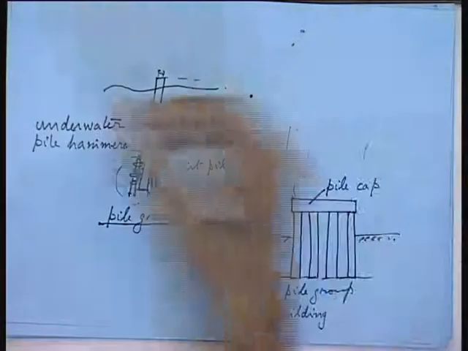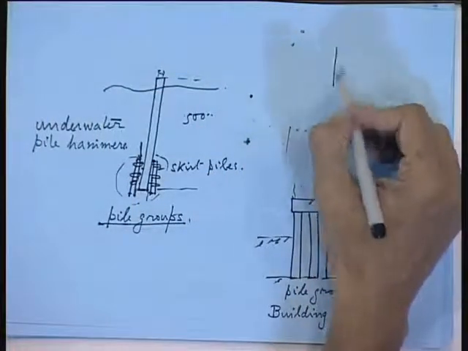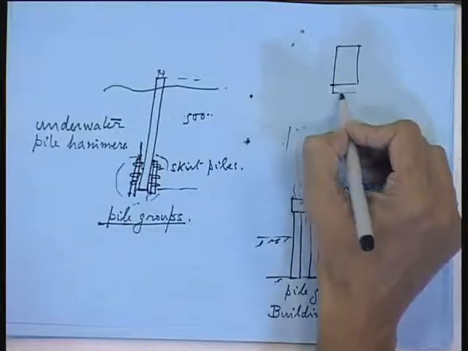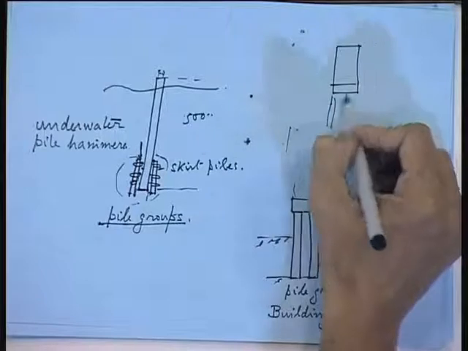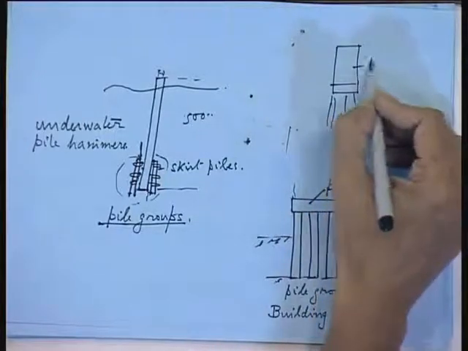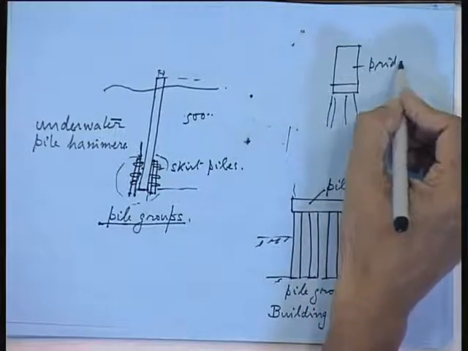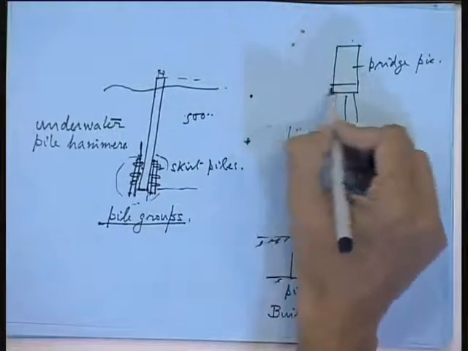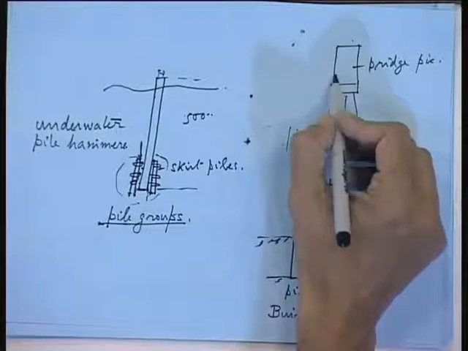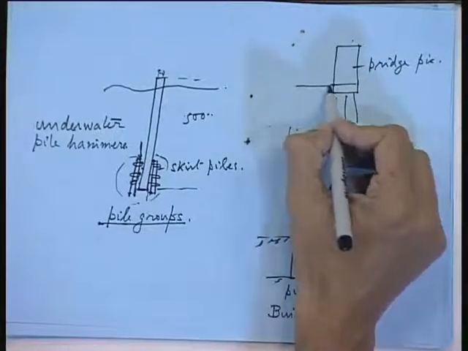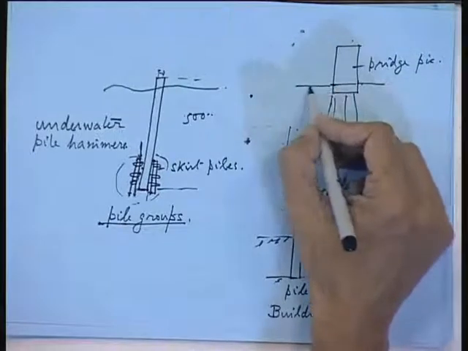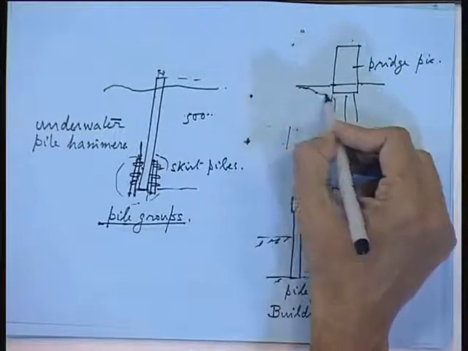Similarly, in bridges, you will find the bridge pier is also on a pile cap like this. Why? You normally cannot see the pile cap, which is under the river bed. This will get eroded.